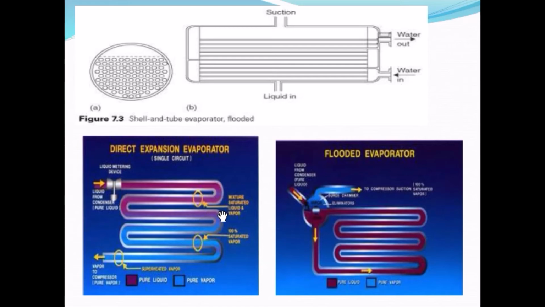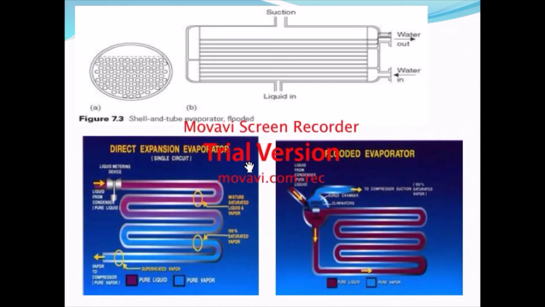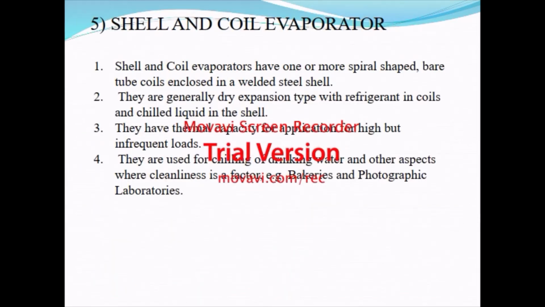The system like this is the same as the condenser system. Now, shell and coil evaporator. Shell and coil evaporators have one or more spiral-shaped bare tube coils enclosed in a welded steel shell. They are generally dry expansion type, with refrigerant in the coils and chilled liquid in the shell.